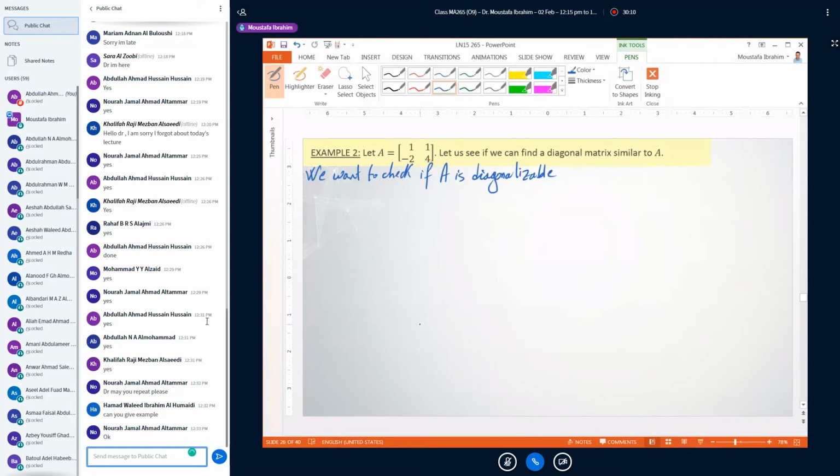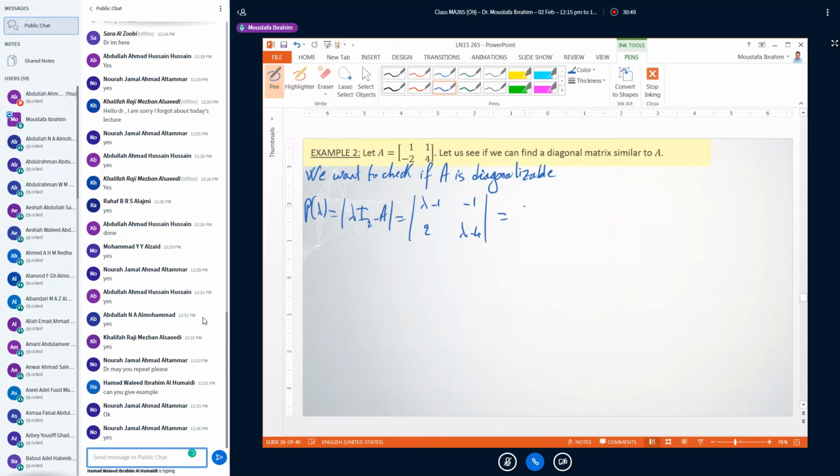So let's check, as we did before. We have to look at the eigenvalues. If all eigenvalues are distinct, we are fine. If they are not distinct, we have to move to eigenvectors. If the eigenvectors form a basis, meaning the determinant is different from 0, linearly independent, then it's diagonalizable. Hopefully, we have distinct eigenvalues. So we have to find P of lambda, which is the determinant of lambda I2 minus A. Here it will be lambda minus 1, minus 1, 2, lambda minus 4, correct?